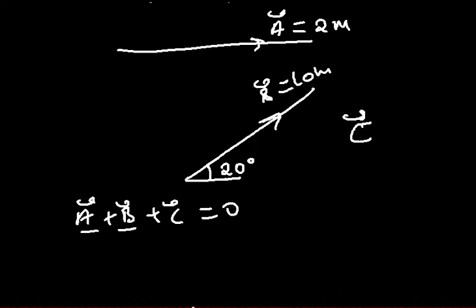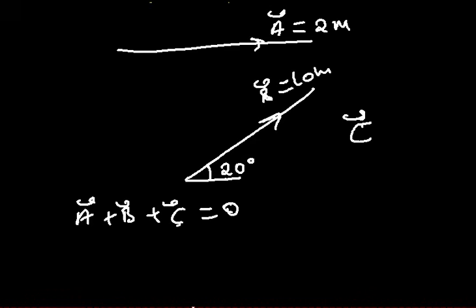Again, we have two vectors, vector A as well as vector B. And we have the vector C, whose magnitude and direction we don't know. But upon adding the three vectors, the resultant happens to be 0. How do you think we can find the magnitude as well as the direction of the vector C?